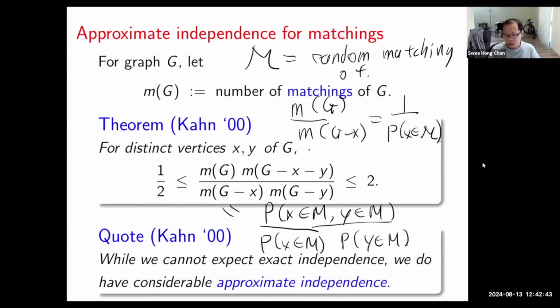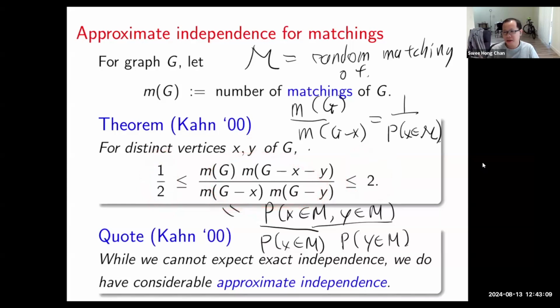In particular, if this number is equal to 1, then this is exactly the definition that these two events are independent. But as Kant observed, this number is not always equal to 1. But then we can aim for something a bit less than independence, which is that this number is between 1/2 and 2.